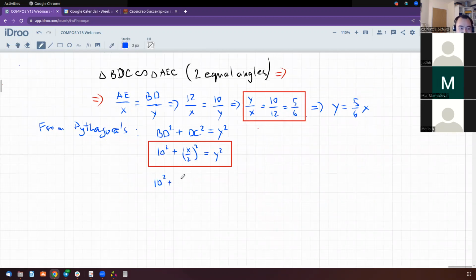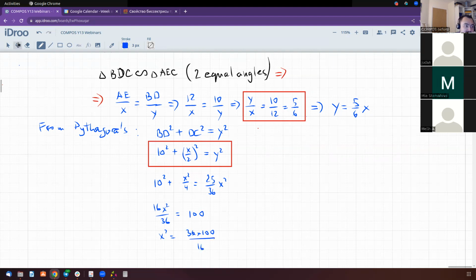10 squared plus x squared over 4 equals 25/36 x squared. 25 minus 9 is 16. 16 x squared over 36 equals 100. X squared equals 36 times 100 divided by 16.